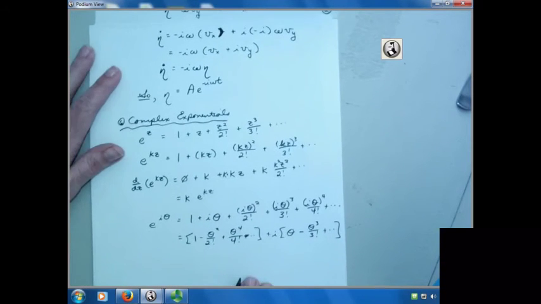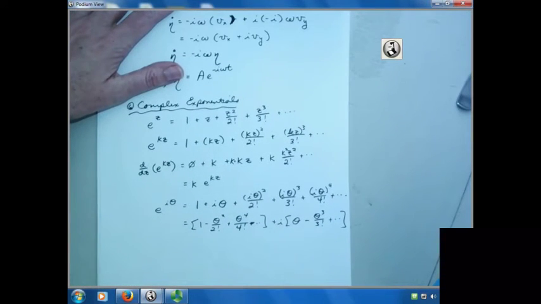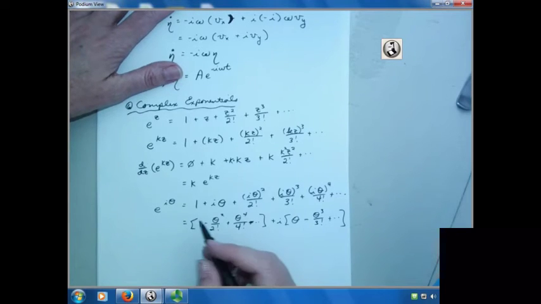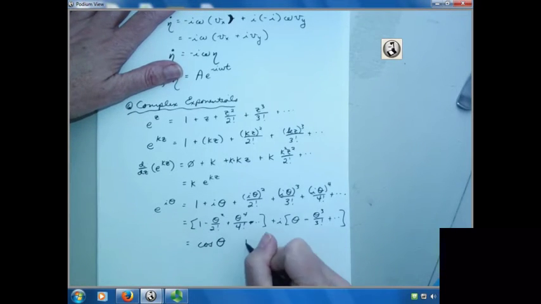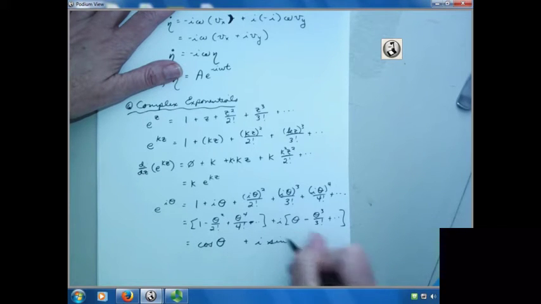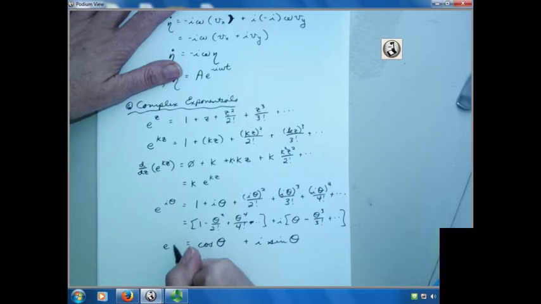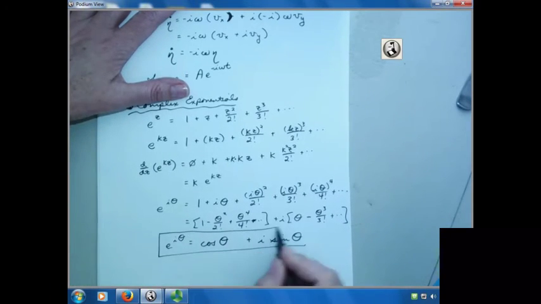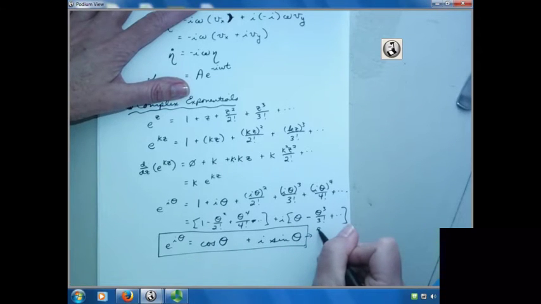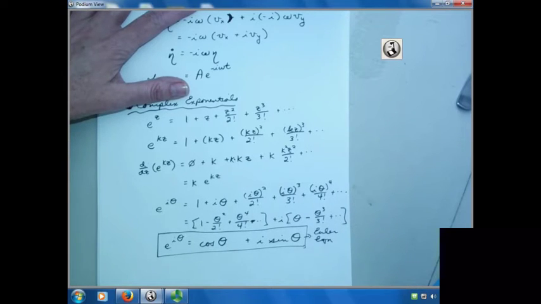All right, and if I carried out each of these series to infinity, I would see that this is equal to the cosine of theta plus i times the sine of theta. And this equation has a name. It is the Euler equation. And we'll be using it a lot.